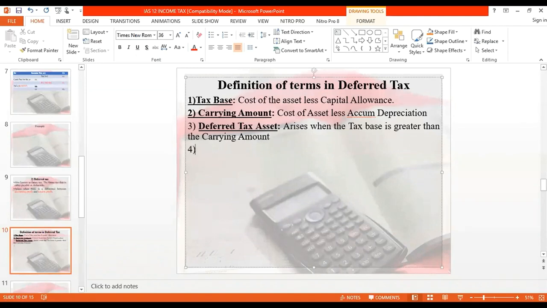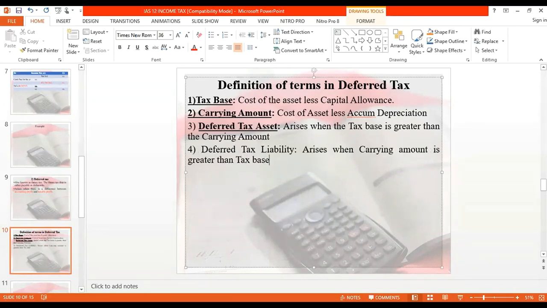Number 4, deferred tax liability. Deferred tax liability arises when, and you know how to calculate carrying amount, the carrying amount is greater than the tax base.